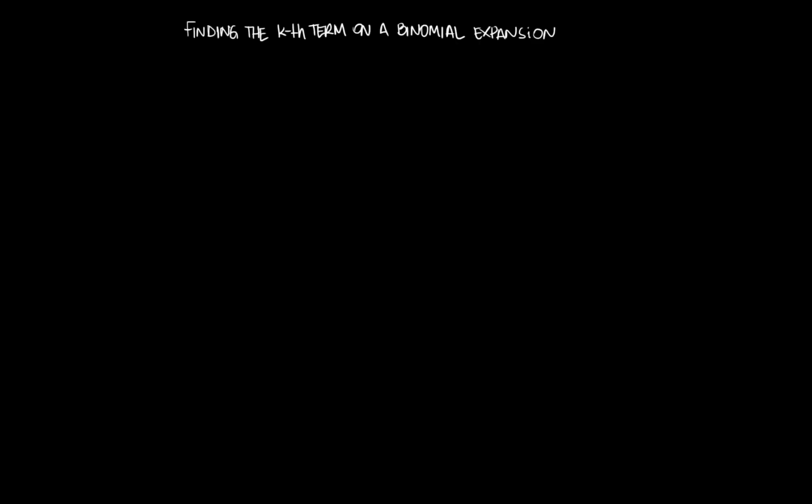Hey guys, now that we have covered binomial expansions, the next step is to evaluate a generic term inside an expansion. So we're going to evaluate the kth term of a binomial expansion.